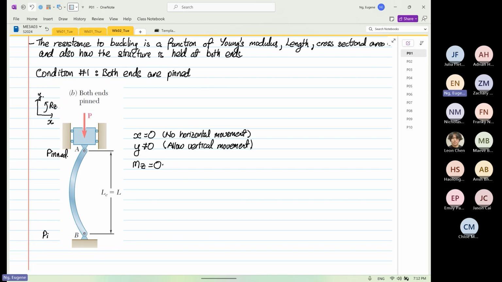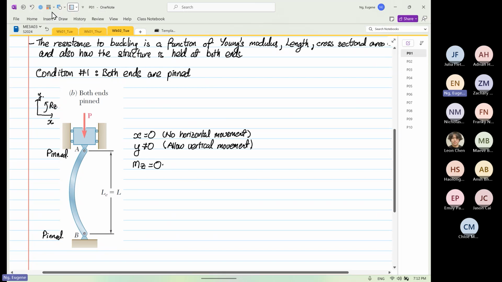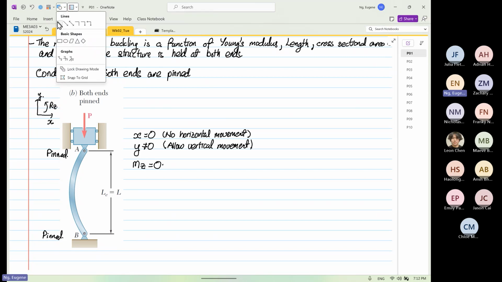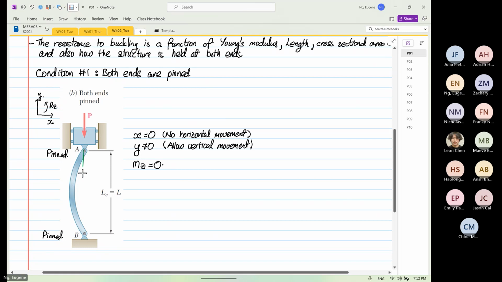Point B is also pinned. And the moment resistance at point A is equal to 0. Another way to look at it is if we were to draw a neutral axis between the 2 points.